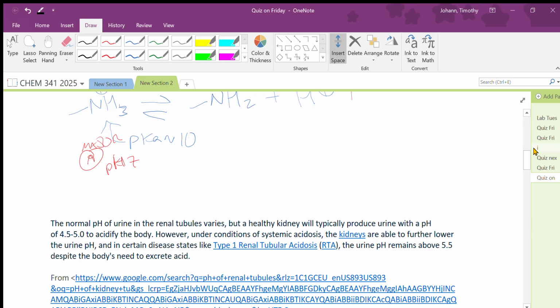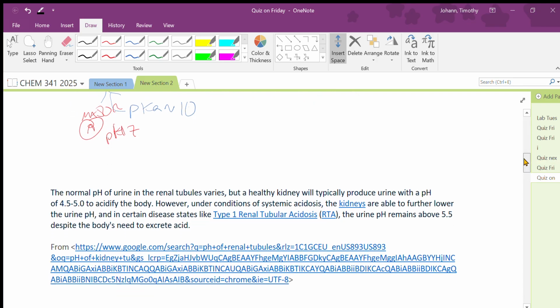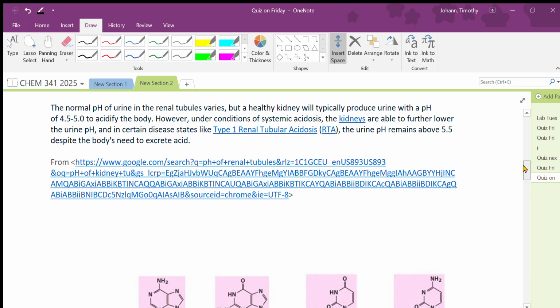Okay, I was trying to look up what kidney tubule pH was, and this is the AI answer that was at the top of the page. Go ahead and read through it and see if you are happy with it. And you can go ahead and write down what you think. What do you think is wrong with this?